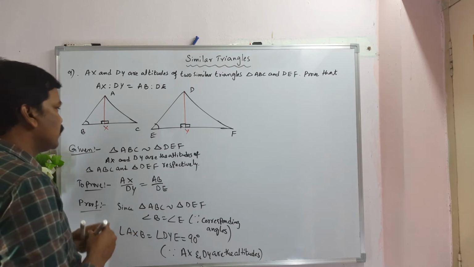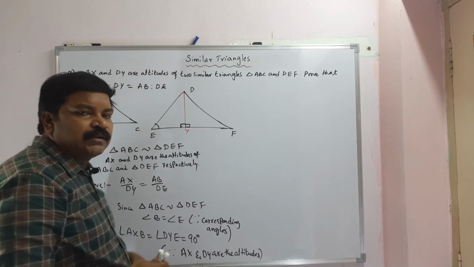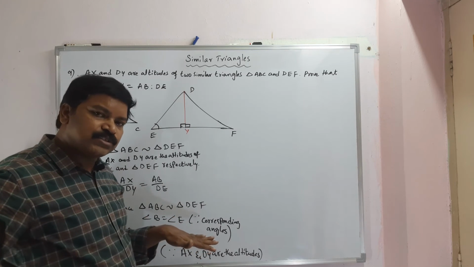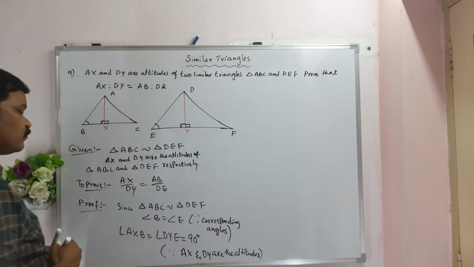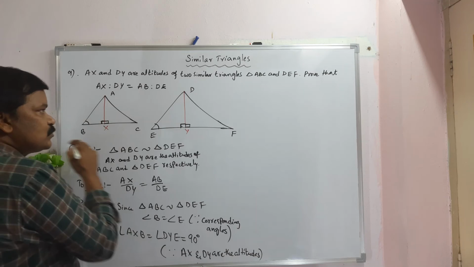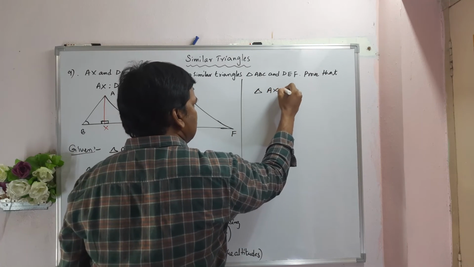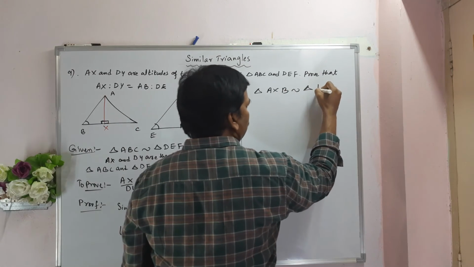That means we want only this angle. Angle AXB and angle DYE are 90 degrees. As I told you, an altitude is perpendicular to the base and also passes through the opposite vertex, right? Therefore, we can say that triangle AXB is similar to triangle DYE.